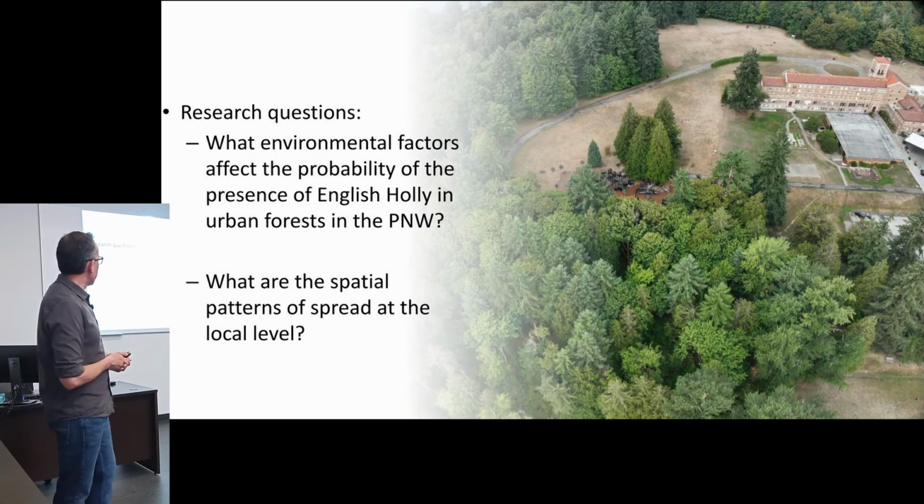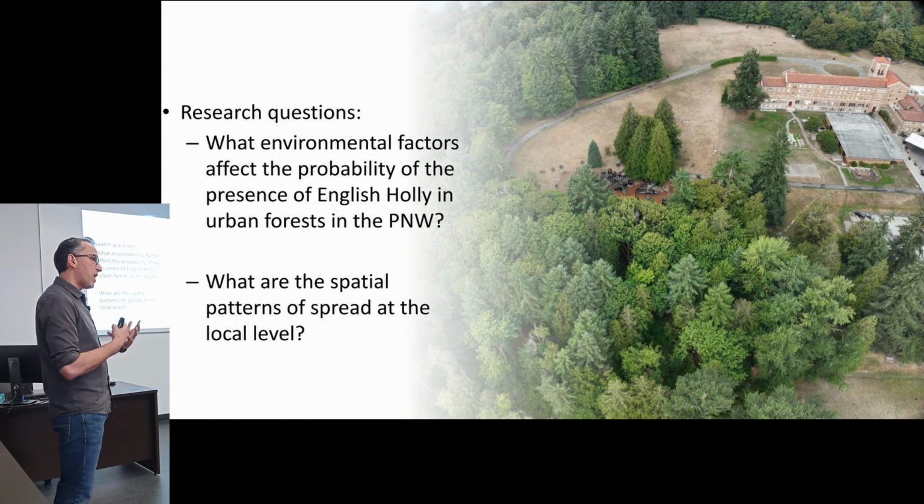Okay, so what are the research questions that lead this research? Our questions are, what are the environmental factors that affect the probability of the presence of English holly in urban forests in the Pacific Northwest? And what are the spatial patterns of spread at the local level?